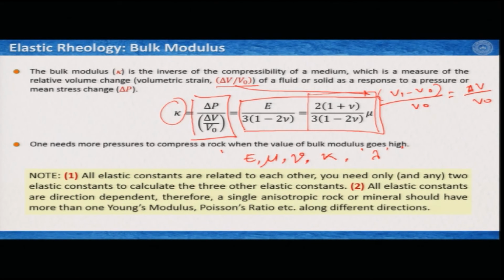So, if these are direction dependent, a single anisotropic rock or mineral should have more than one Young's modulus, more than one Poisson's ratio, and so on. What I mean is, if I have a rock in 2 dimensions, if I draw it like this, the dotted areas are two different materials. If I deform it, extending it in this direction, I would get the Young's modulus along this direction.